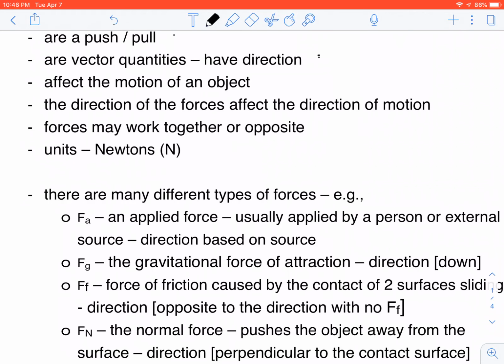Now, when we're looking at forces, the direction of the forces is going to be important because it will allow us to figure out which direction acceleration is going to happen. So for that object that we were just looking at a moment ago, it accelerates down because the forces are pulling it down.